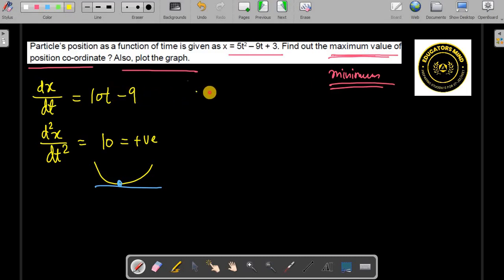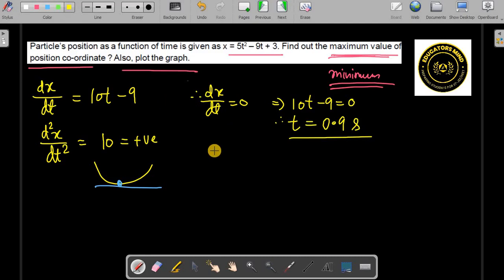Anyway, now let us try to find out where the minima is happening and what the minimum value is. So dx by dt we have to set to 0, right? So 10t minus 9 is 0. That means time is 0.9 second. And what is the minimum value? The minimum value of x, we can substitute this time.